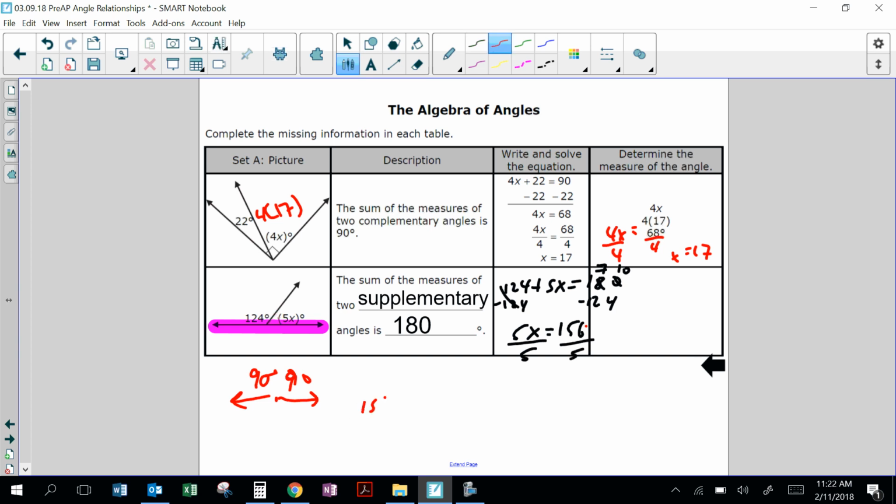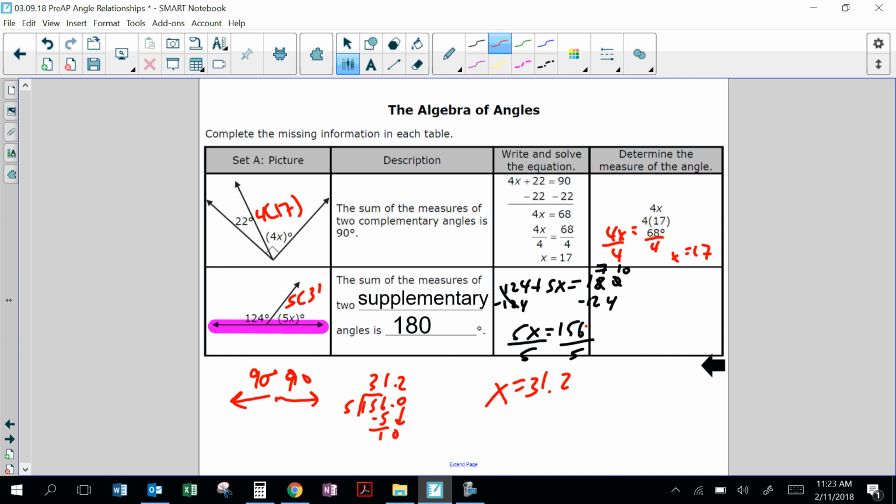So what's 156 divided by 5? 5 goes into 15 three times. 5 goes into 6 one time. How do I get rid of this remainder? Annex a 0. Goes in 2 times. So each x equals 31 and 2 tenths. But there's 5 of them here, 5 x's.